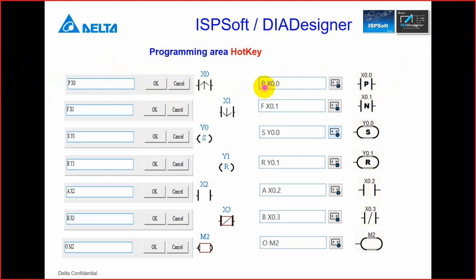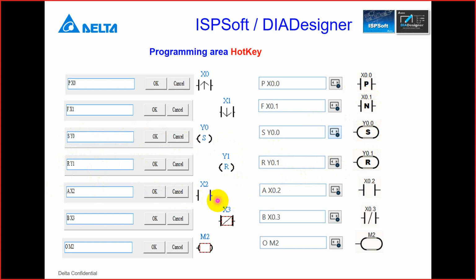Then this is for SOH PLC, and if you want to use a rising edge, we just use P. But the symbol display will be slightly different. You will see this is the traditional way in ISP, rising edge, and F means falling edge. But here it becomes P and N, positive, negative, and if we want to set or reset, then we just use S and R.